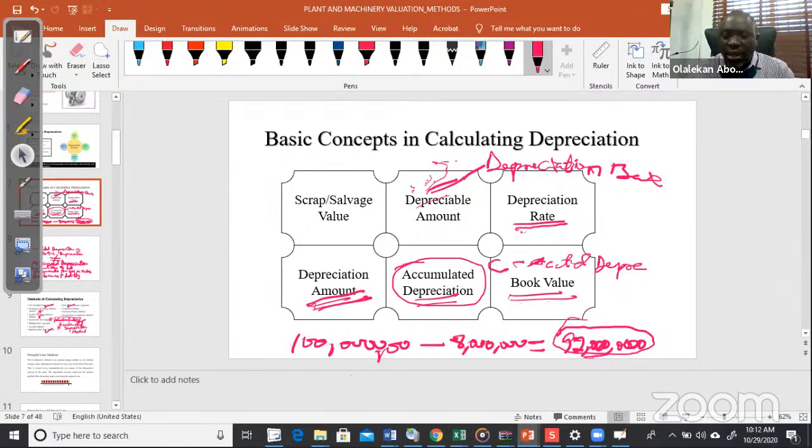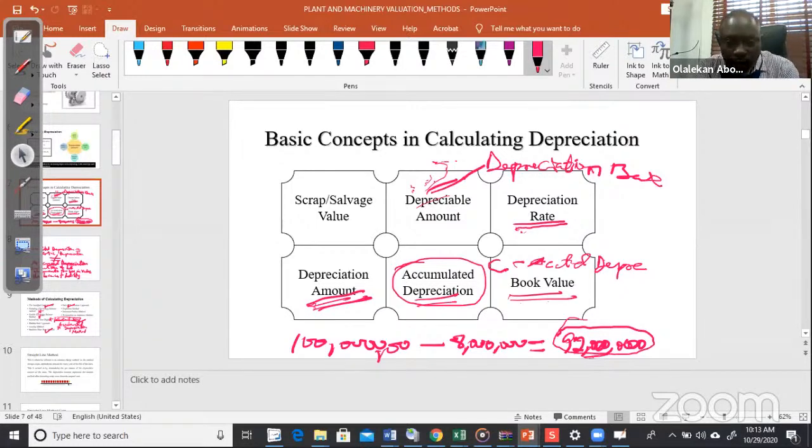For example, let's say you have a depreciable sum of 92 million. Your depreciation rate is 10%. What is annual depreciation on that? That is 9.2 million. That is depreciation amount, which is annual depreciation, in terms of monetary value, what the loss in value represents annually.